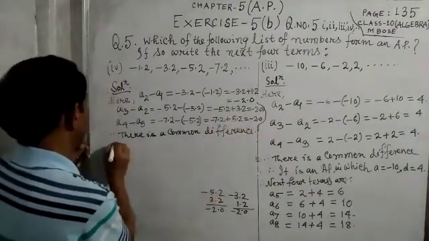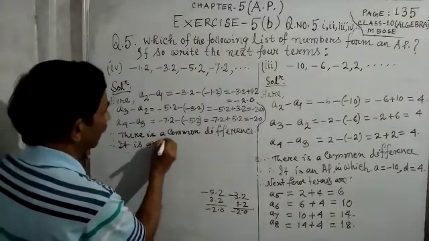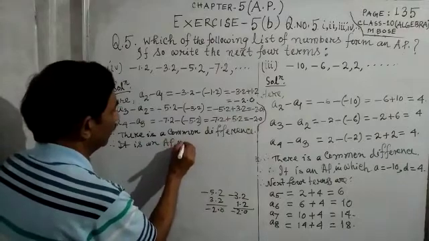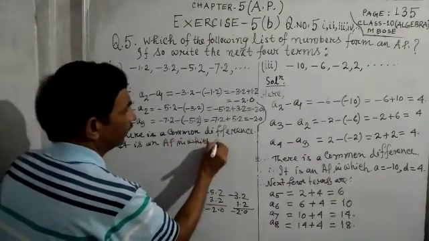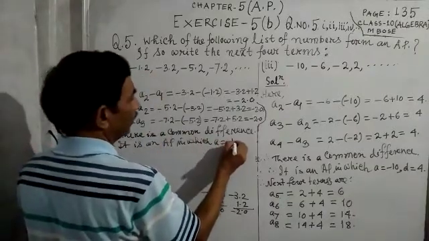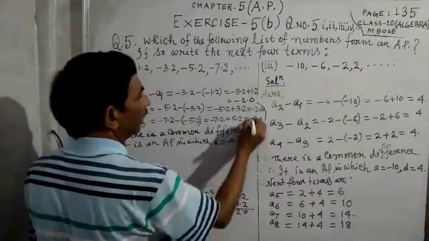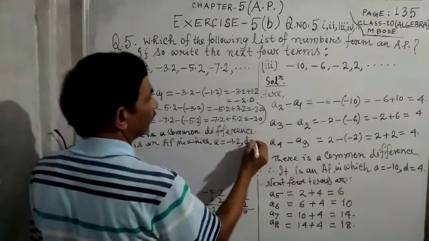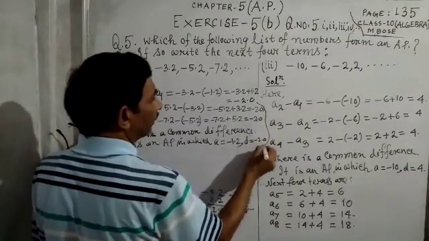If there is a common difference, we can say therefore it is an AP in which the first term A is minus 1.2 and common difference D is minus 2.0. Let us move like this.